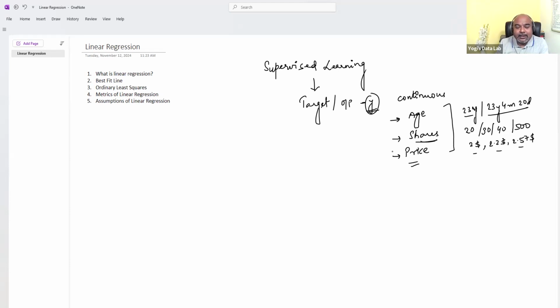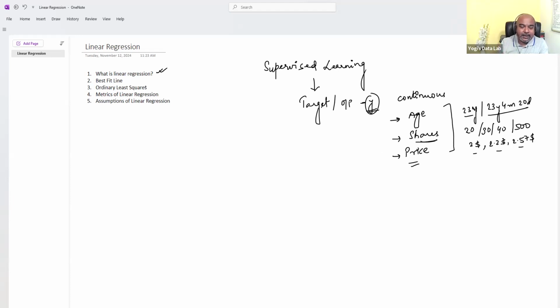So when my target variable is continuous and I want to use machine learning to predict it, I will use the concept of linear regression. Having said this, let us also try to understand what exactly it means by linear regression. There are two terms here.